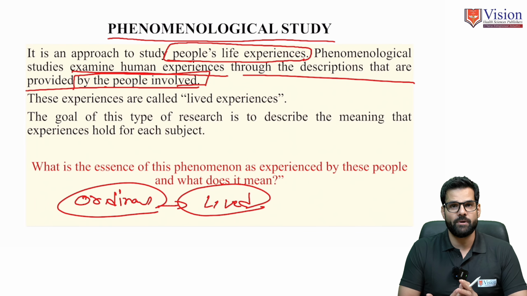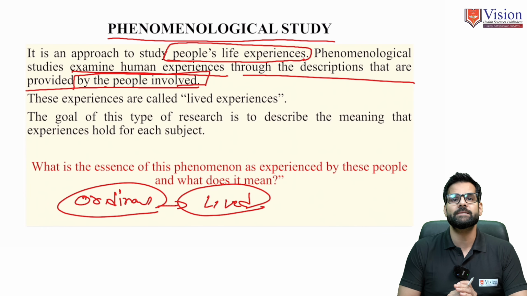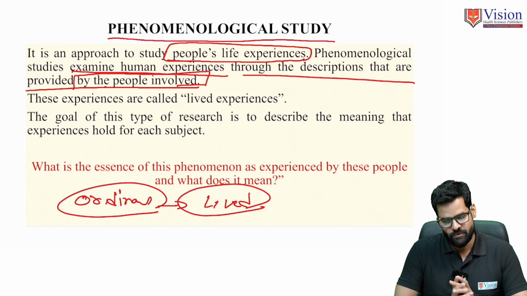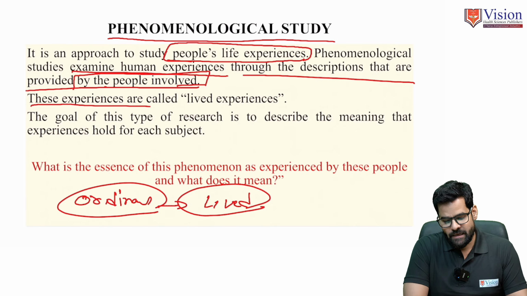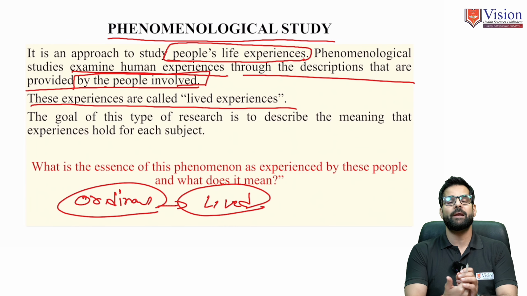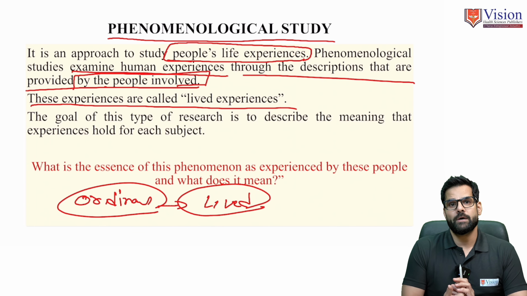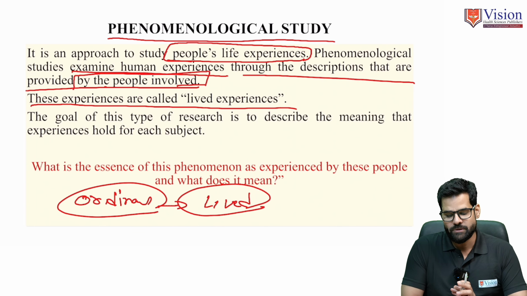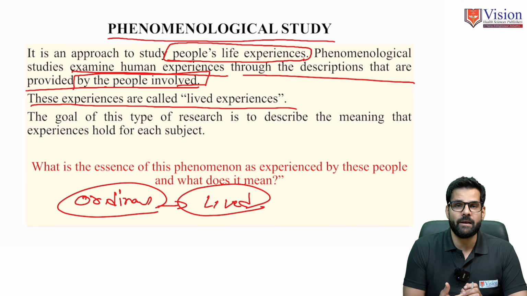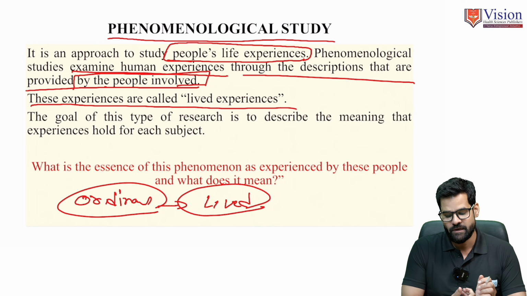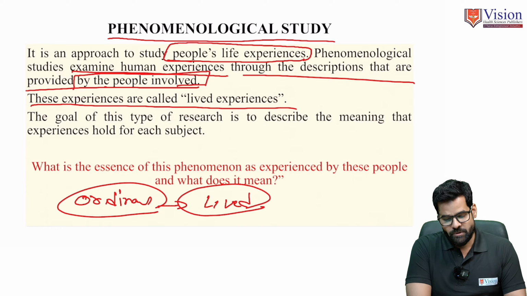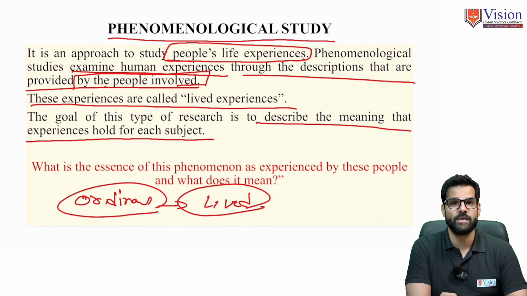Everyone can say something about retirement, but if you are conducting phenomenological research, only the person who has actually retired from a job can provide the information. Participants in phenomenological research are those who primarily had that experience, a first-hand experience. The goal of this type of research is to describe the meaning that the experience holds for each subject.